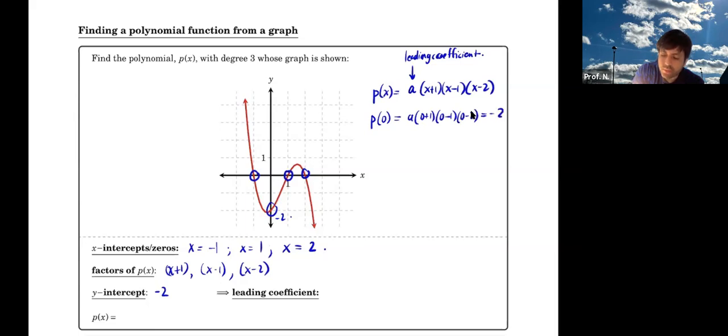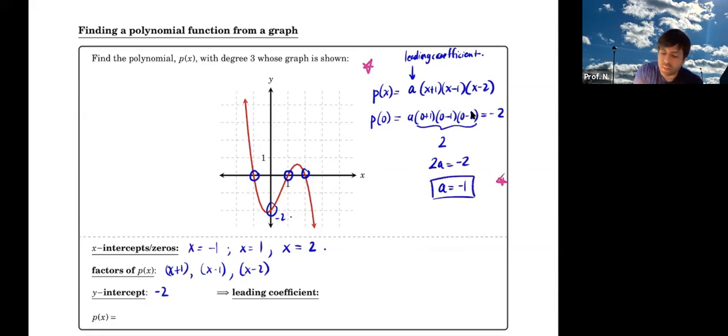I should get back negative 2. So 0 plus 1 is 1. 0 minus 1 is negative 1. And 0 minus 2 is negative 2. So this whole thing reduces to what? 2. So I get 2a equals negative 2. So what does a have to equal? Negative 1.